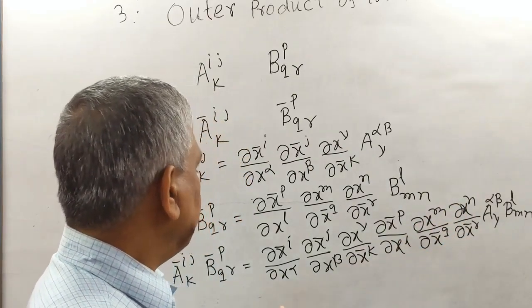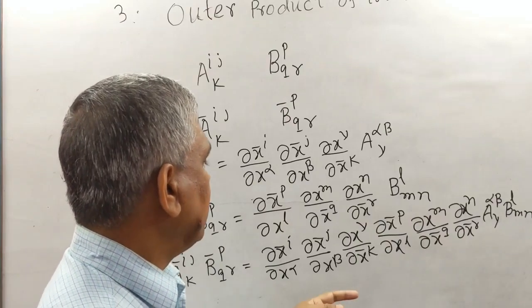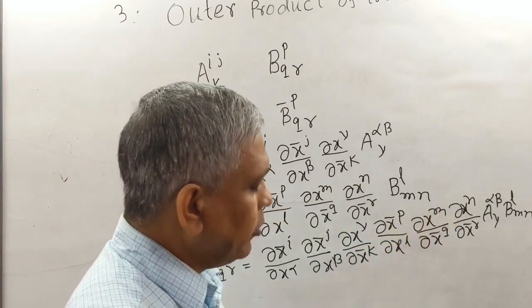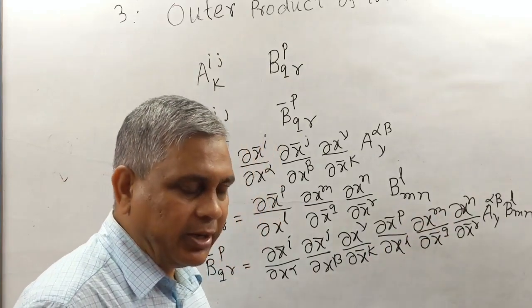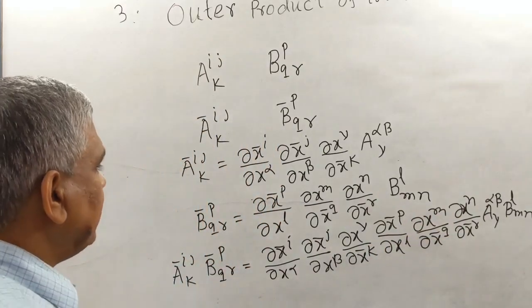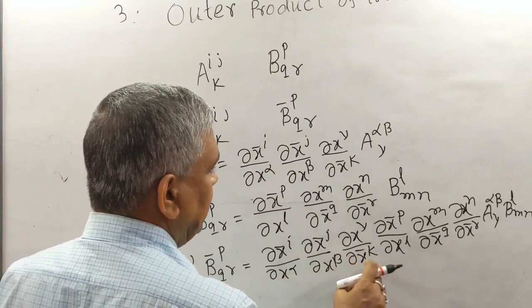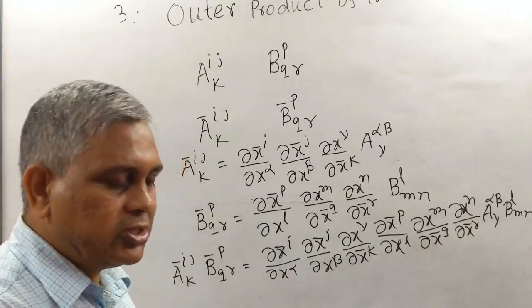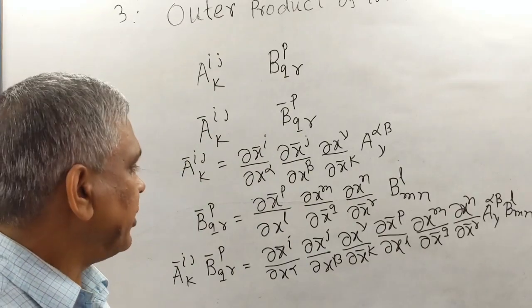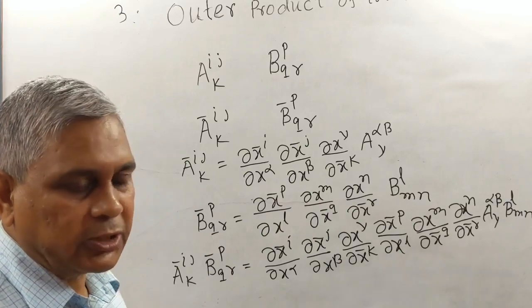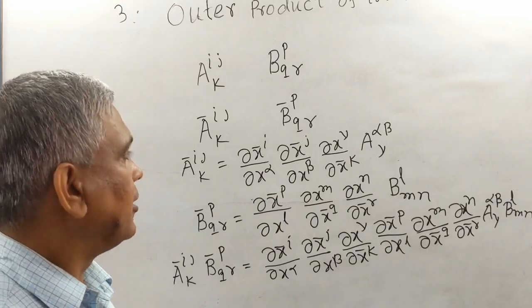So the resulting tensor is of rank 3 with respect to covariant tensor. So ultimately we say that the resulting tensor is of rank 6, because here we have 6 partial derivatives, in which rank 3 with respect to contravariant and rank 3 with respect to covariant.